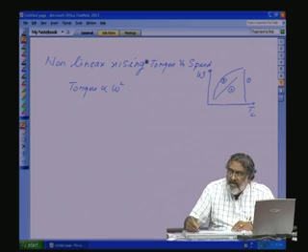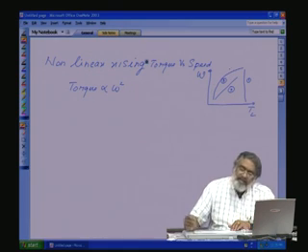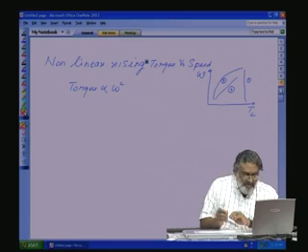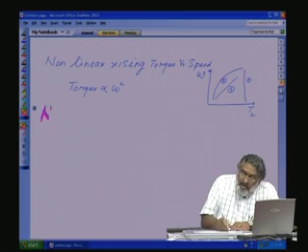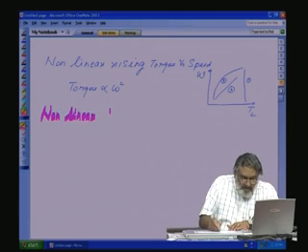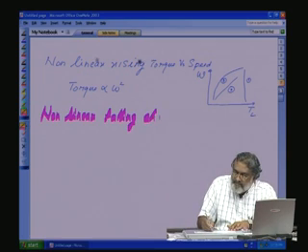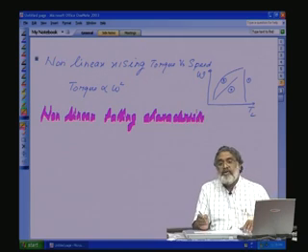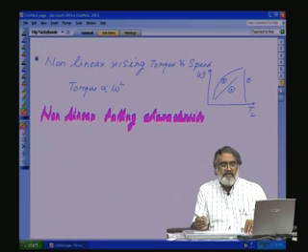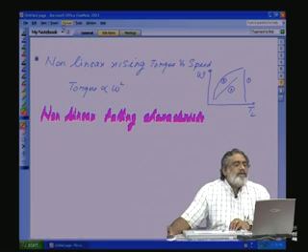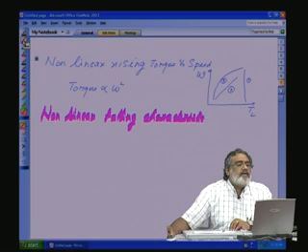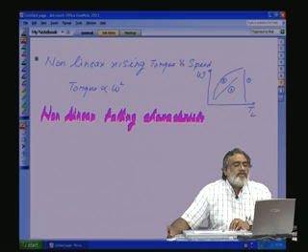So, constant, linearly rising, then non-linear rising, then the next one will be for non-linear falling torque speed characteristics. How will it look?